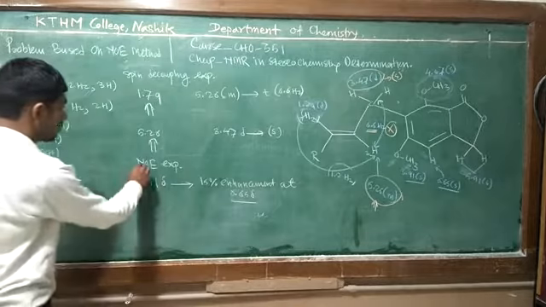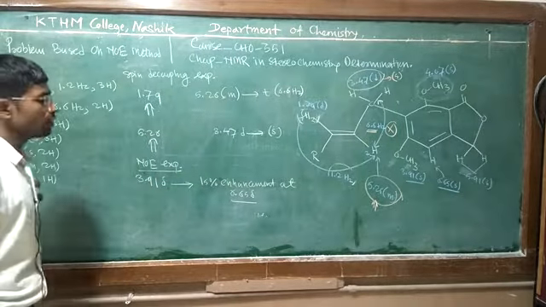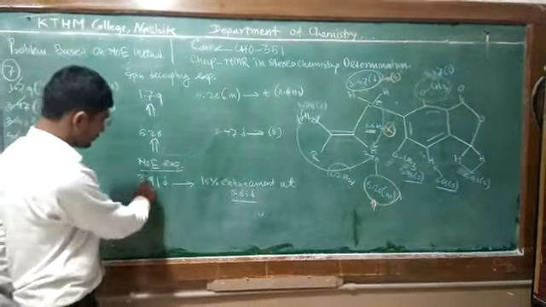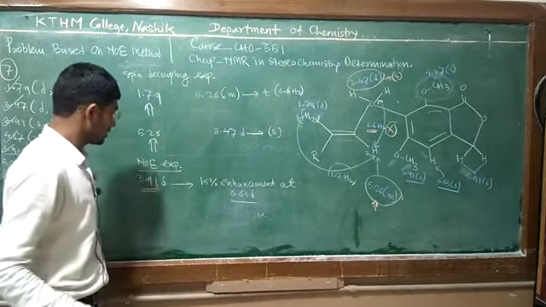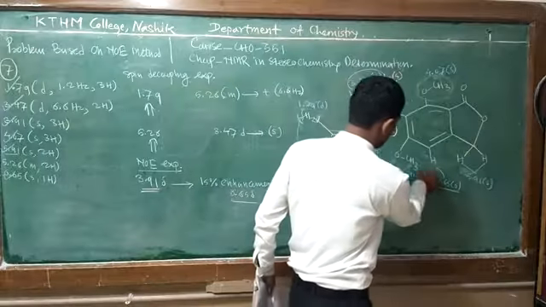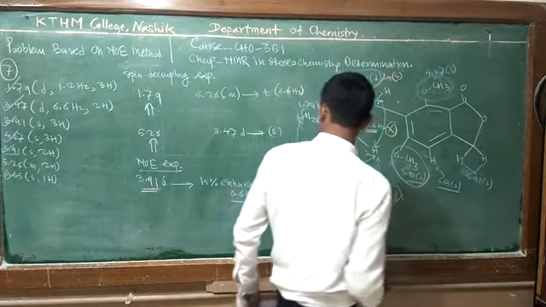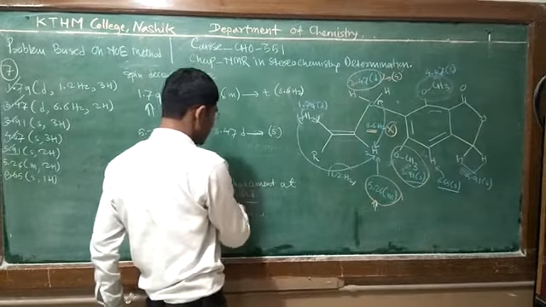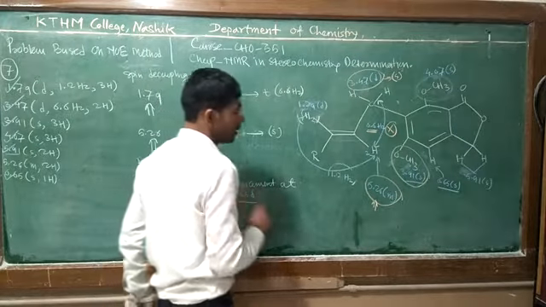Next is the NOE experiment, the nuclear Overhauser effect. If you irradiate the proton at 3.91, we see a 50% enhancement at 6.65 delta.